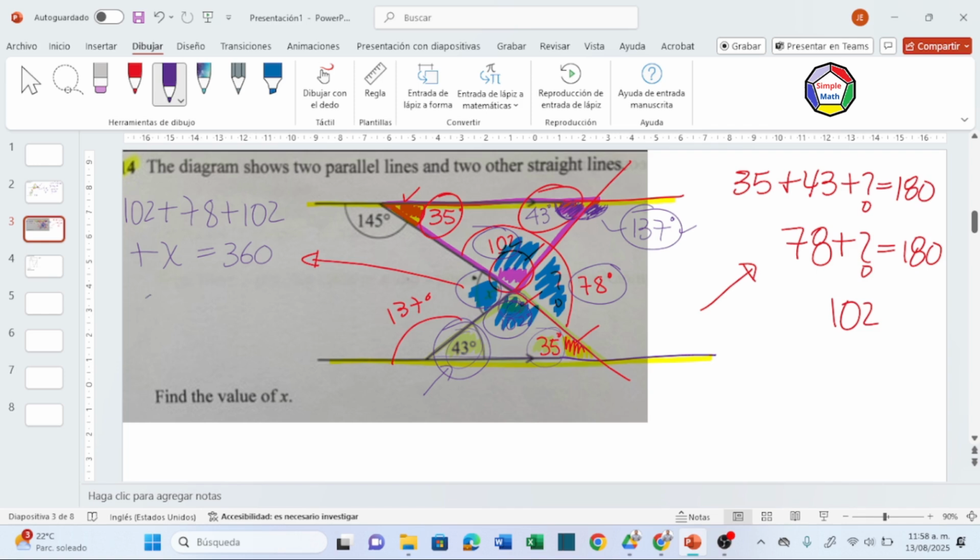And the answer is 282. So 282 plus x must be equal to 360. And then x is equal to, we move it to the other side, 360 minus 282. If we subtract that, we will realize that the answer is 78. So x is equal to 78. This is another way to explain the measurement of x.